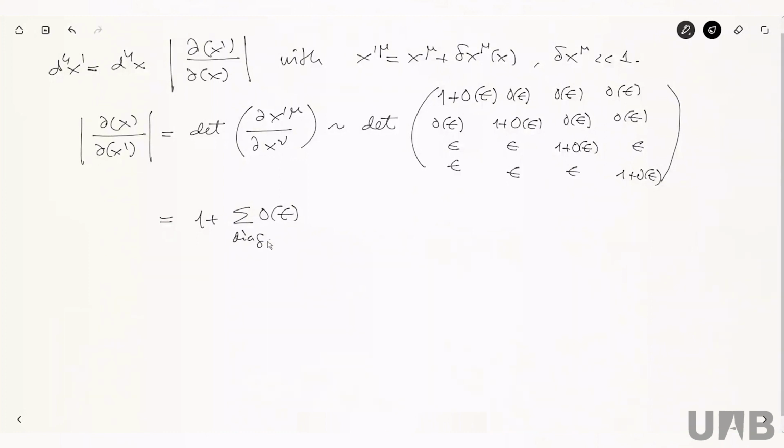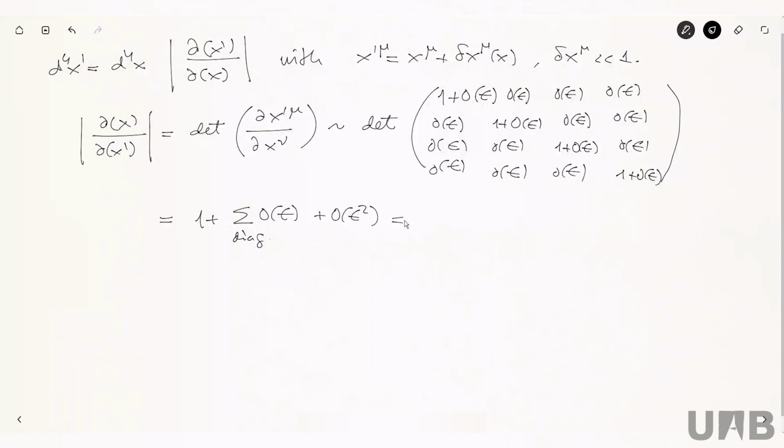But the minute I take another element of the matrix to compute the determinant, it is of order epsilon squared. So all the others are order epsilon squared.